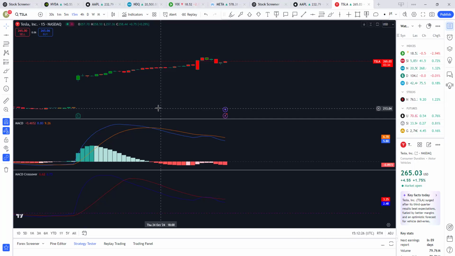Now, both of these MACDs work similarly. They are almost the same, but one of them is most of the time for long term. The one you can use for long term is the MACD, the moving average convergence divergence, the one that has the histogram on it.